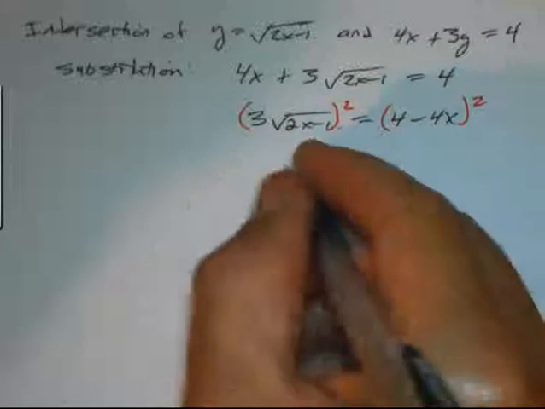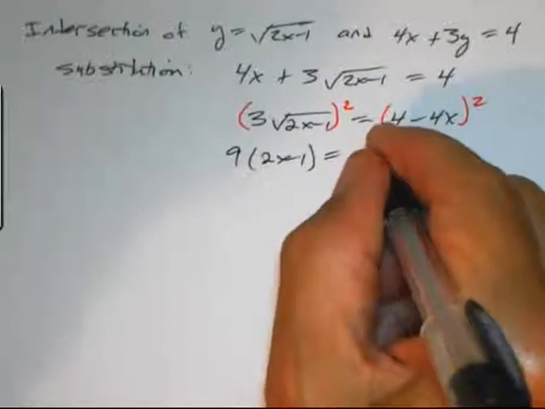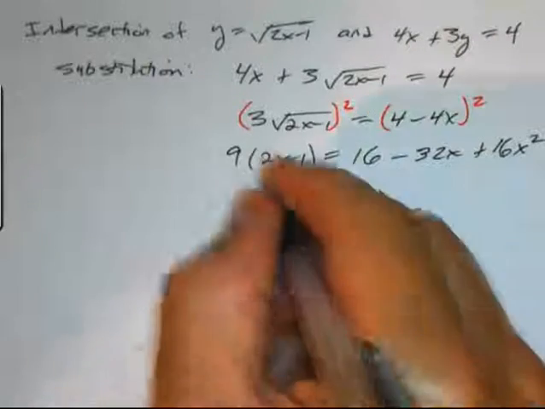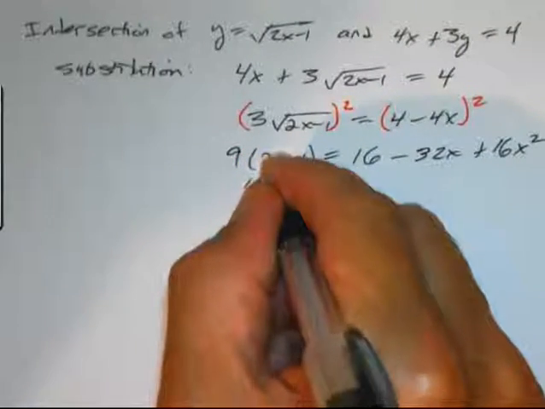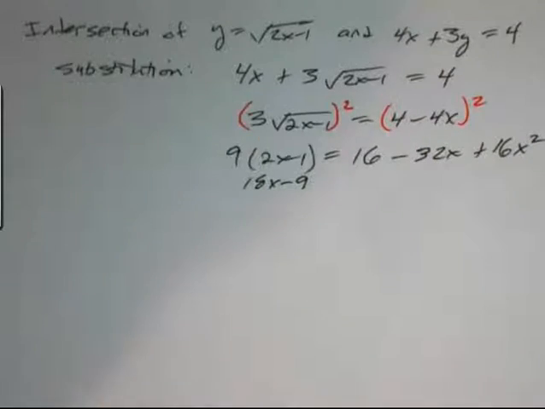Okay, so let's go here. We then have, let's see, sitting here is really 18x - 9. Let's set all of this equal to 0.